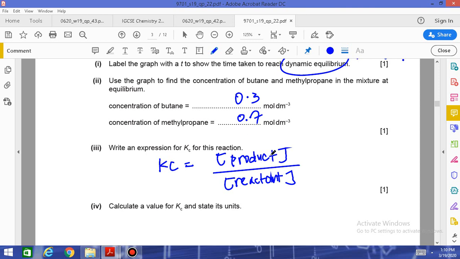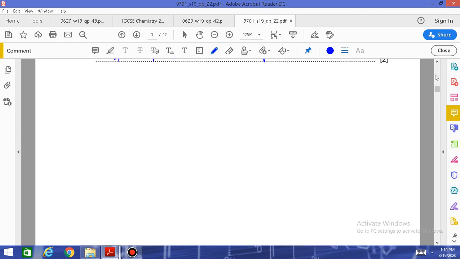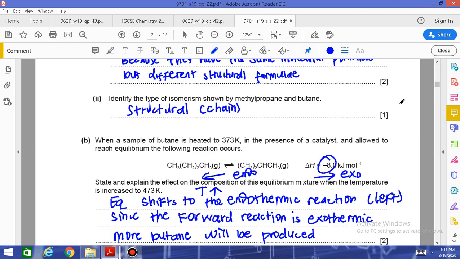The concentration of product at equilibrium divided by the concentration of reactant at equilibrium to the power of the reaction coefficient. If you see the balanced equilibrium reaction, it's already balanced and the reaction coefficient is 1. All of them have the same reaction coefficient, 1 1.